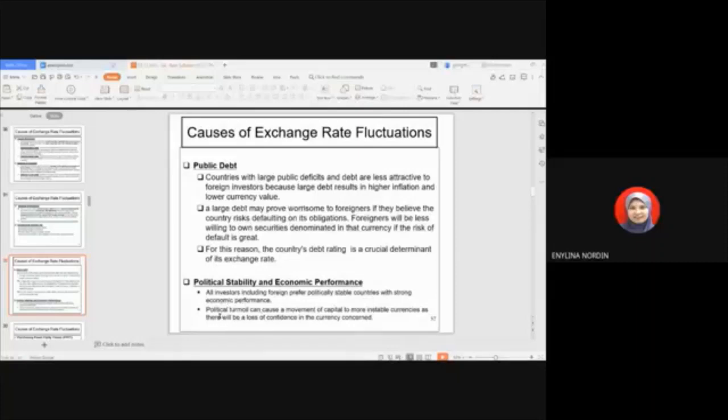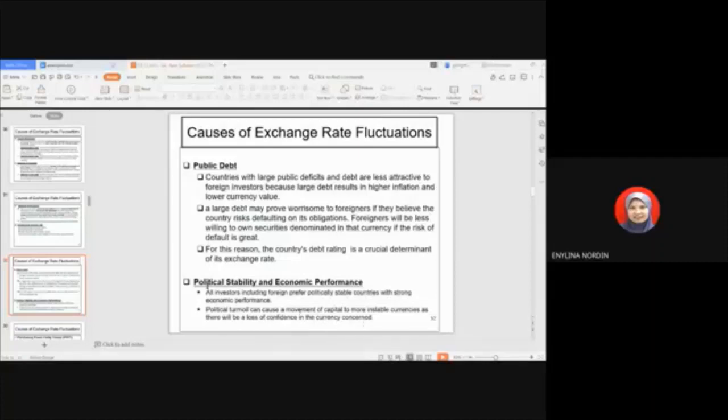So any political instability or turmoil can cause a movement of capital to more stable currencies, as there will be a loss of confidence in the currency.